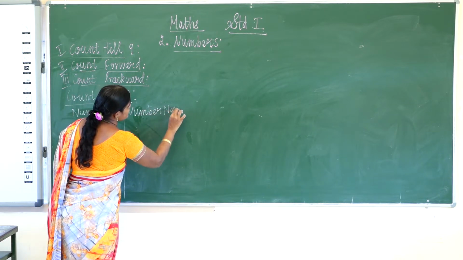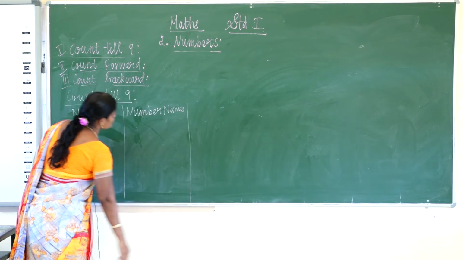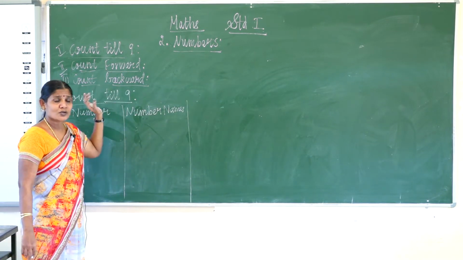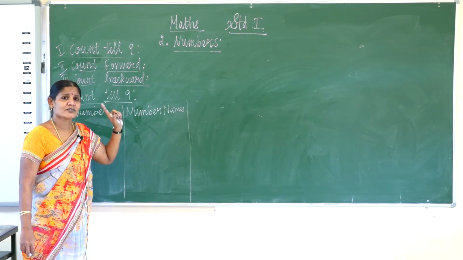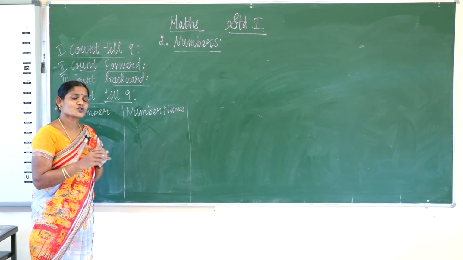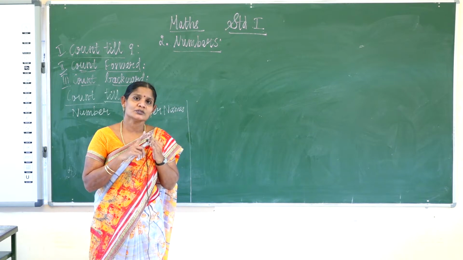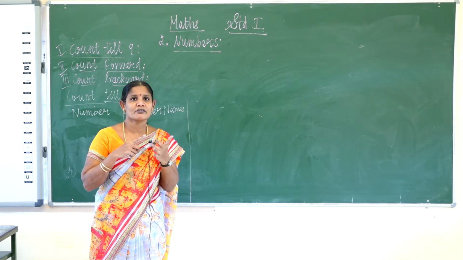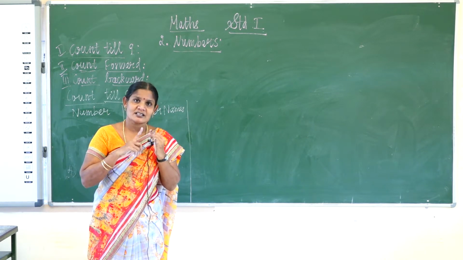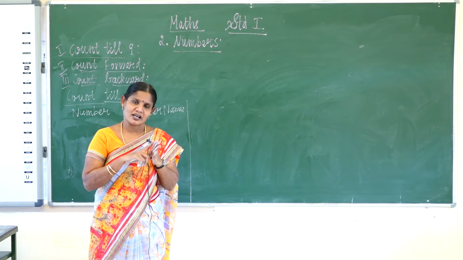Number names also. Do you know the number? What's the first number to start? It starts with 1. So today's class we see 1 to 9: 1, 2, 3, 4, 5, 6, 7, 8, 9.